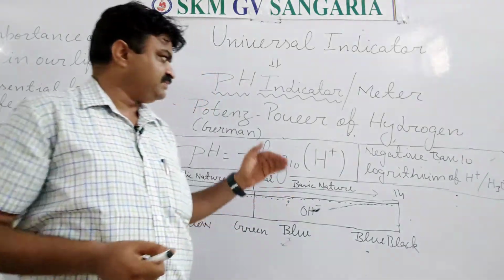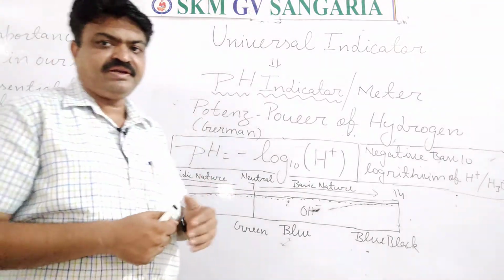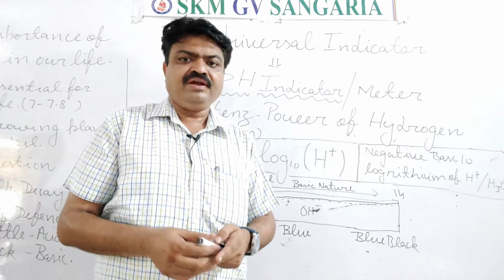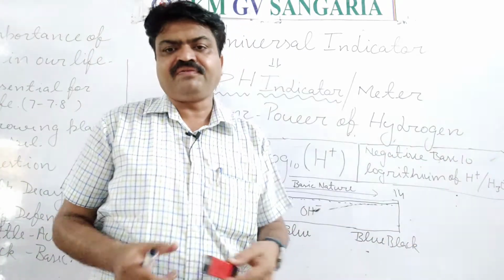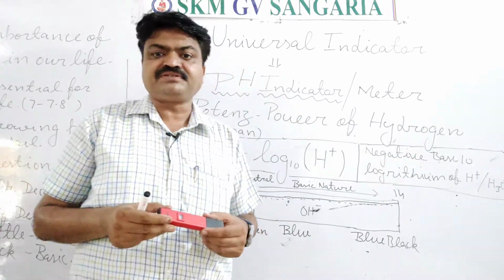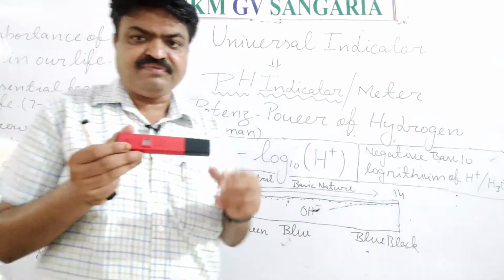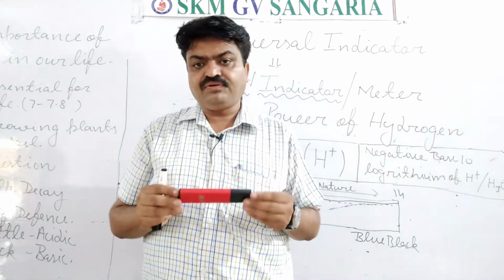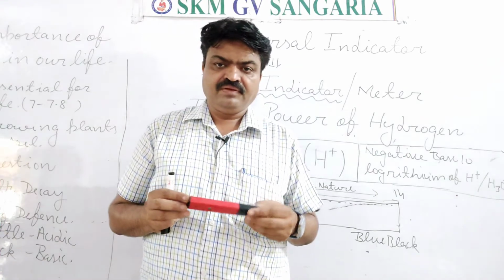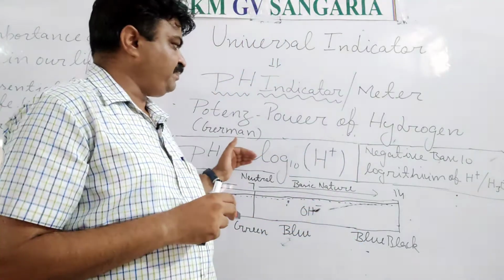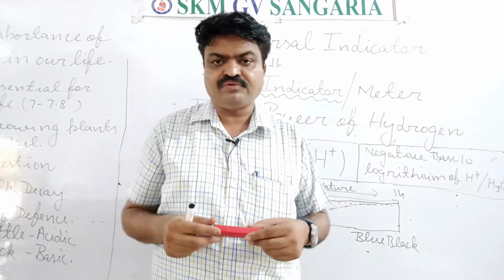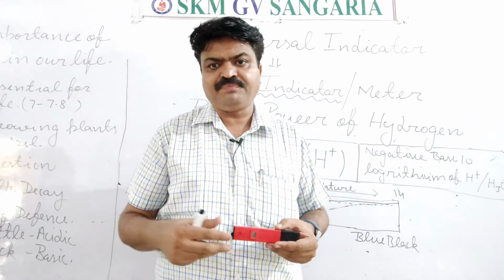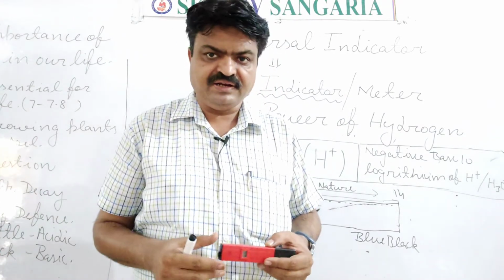Now these pH papers or pH indicators or pH meters are found in different ways. Like nowadays in the laboratory, we are using the pH digital meter. This type of meter we use, student, and with the help of it we know the pH of the particular substance. Like this, papers are also used. Those papers are known as pH paper, and they work as litmus paper, student, and they also change their color.